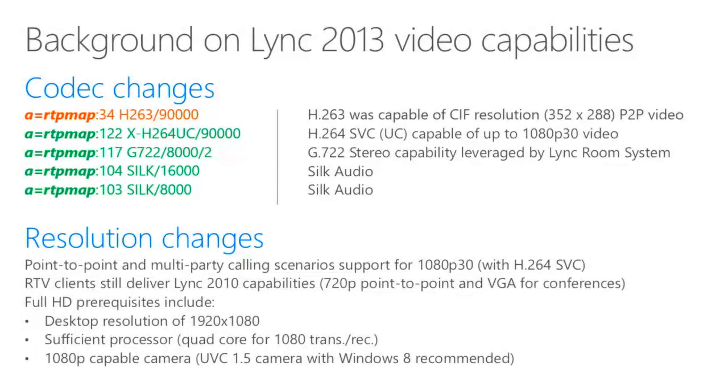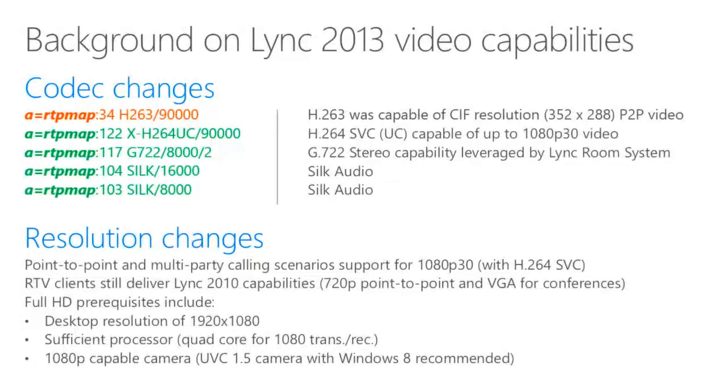Okay, so we're going to go through that. So of course, there's a new codec that's come into play, and that's the H.264 SVC codec, or X-H.264UC, as it's advertised in SDP, which of course is also different to how you might see a traditional room system advertise it.